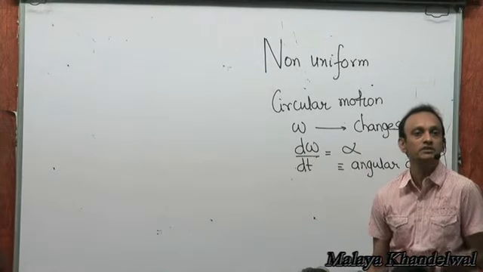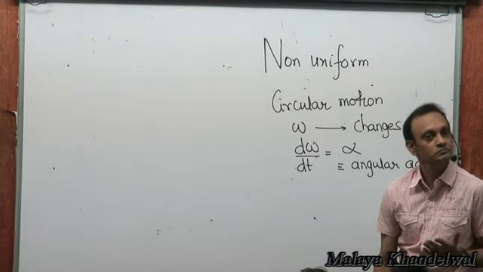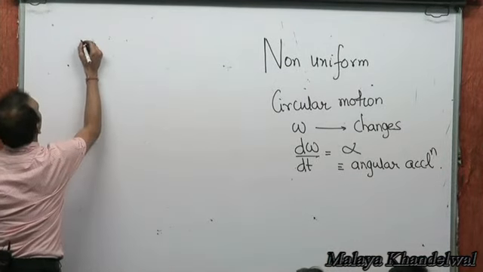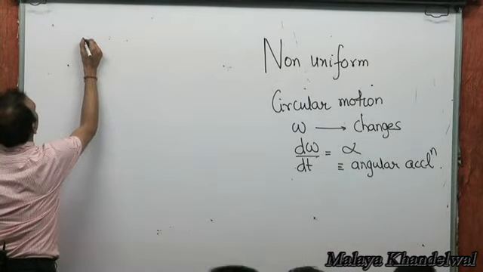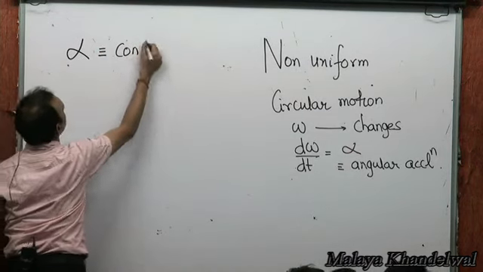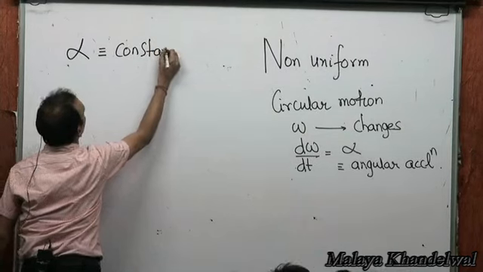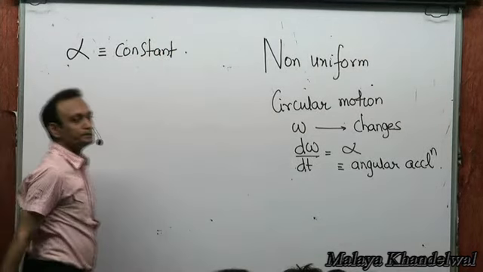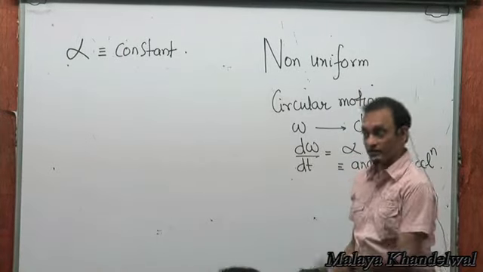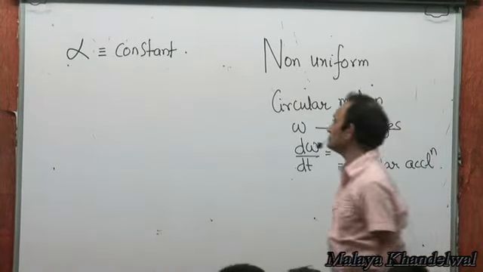Constant angular acceleration alpha. That's what we'll assume. So I will assume non-uniform circular motion in which angular acceleration alpha is constant, but omega is changing with time.